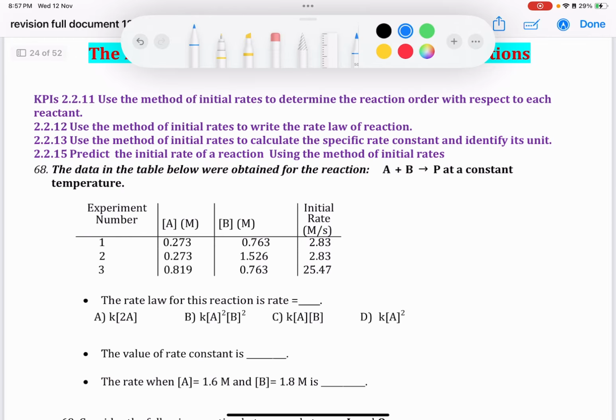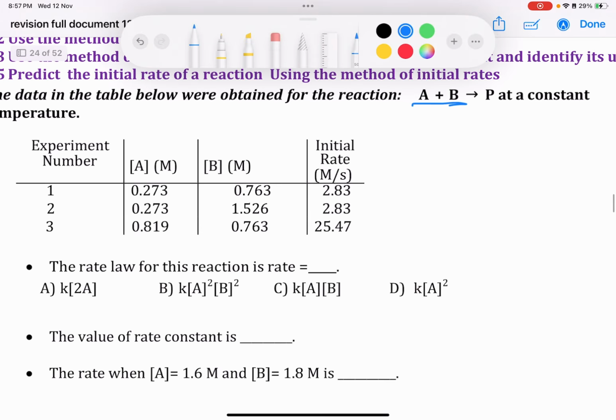Now, let's use the method of initial rates to find out the rate law of a reaction. First, I'm just going to write the general formula of the rate law. How does it look like? A is to a power of X that I don't know yet, and B to the power, or order, of Y that I don't know yet.